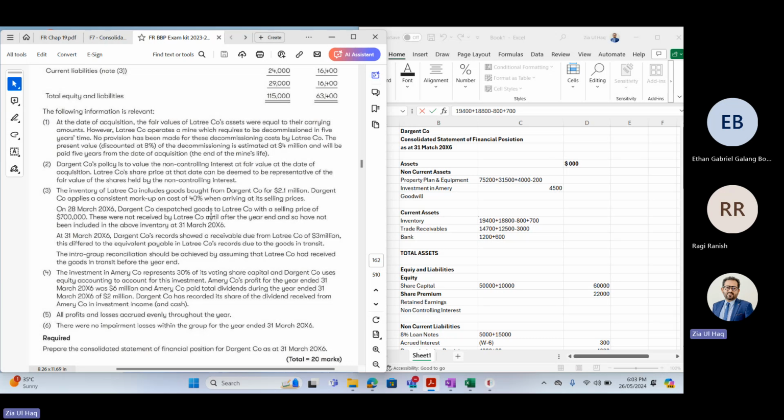If you have a 30% investment in any associate, you need to calculate your part in the profit after dividend. That should be recorded as other income in the profit and loss account, or income from associate in profit and loss account. And this amount should be added to the associate investment.